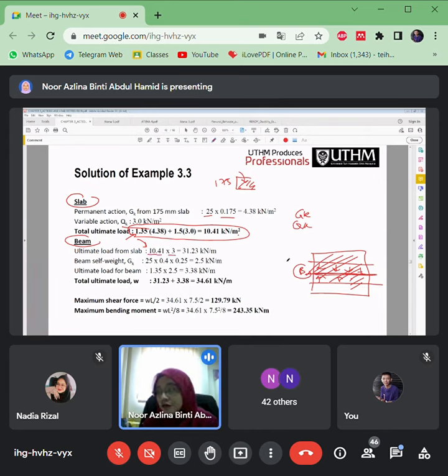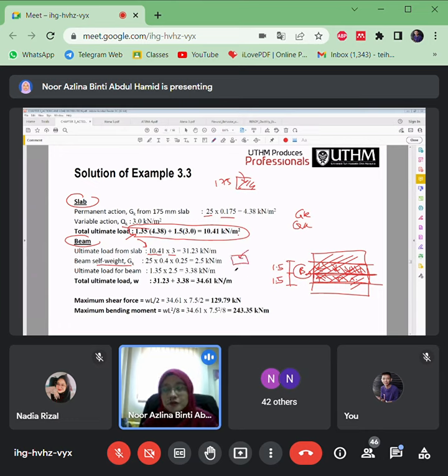That means half of 3 here is 1.5 meter. Another half here is 1.5 meter. So this is the area that the beam will support the load from the slabs. Only this area.